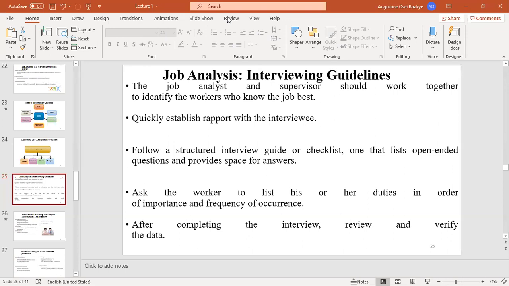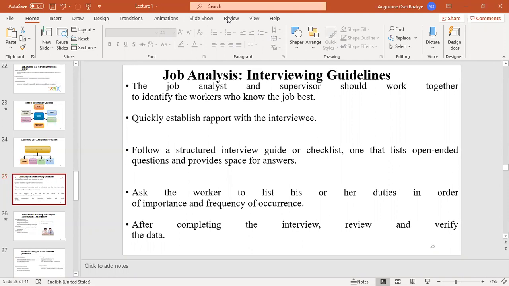Now, an advantage of the interviewing method is that it grants the HR manager, or in this circumstance, the job analyst, an opportunity to pay sober attention to the facial expression and the non-verbal cues that the interviewee will be projecting.